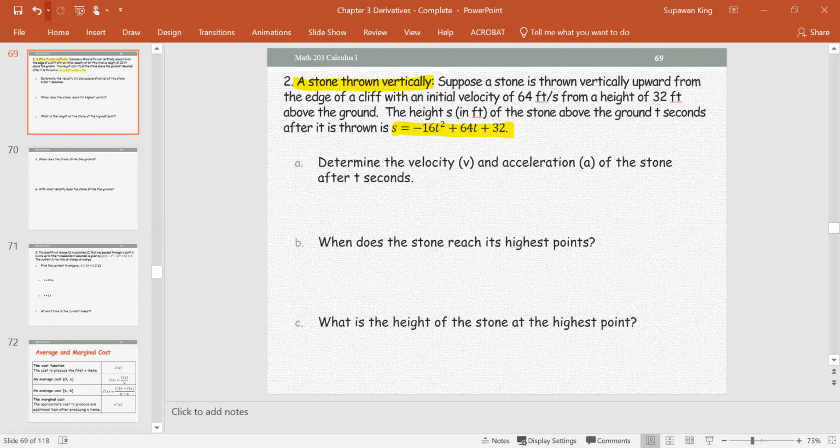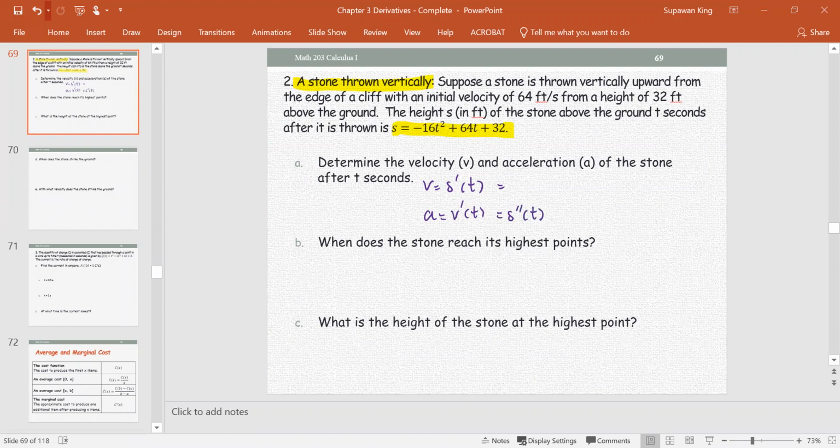Part A. Determine the velocity v and the acceleration a of the stone after t seconds. The velocity v is the first derivative of the position function, and the acceleration is the first derivative of the velocity, or the second derivative of the position function.